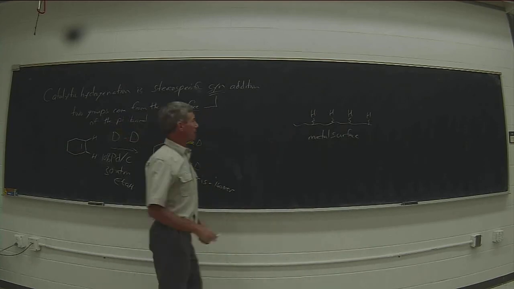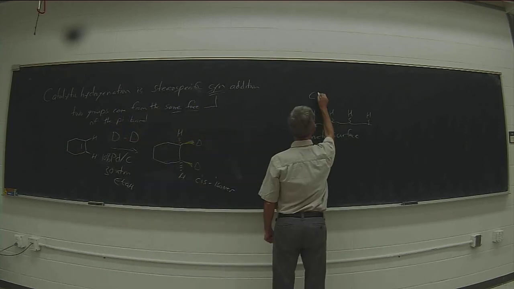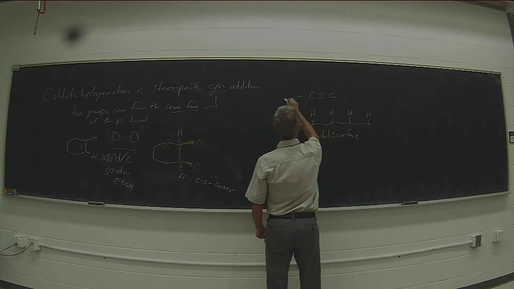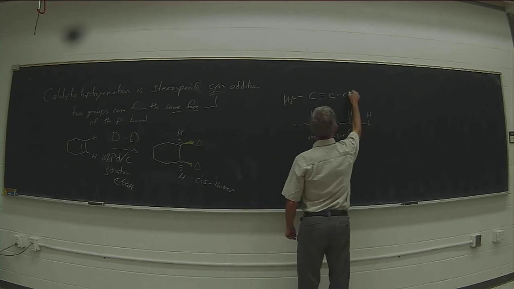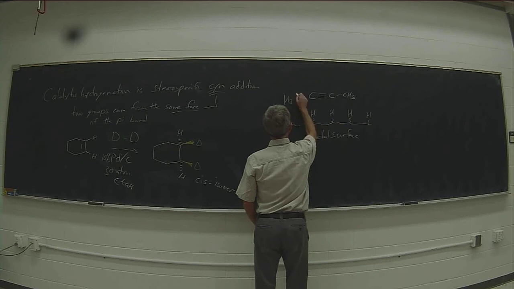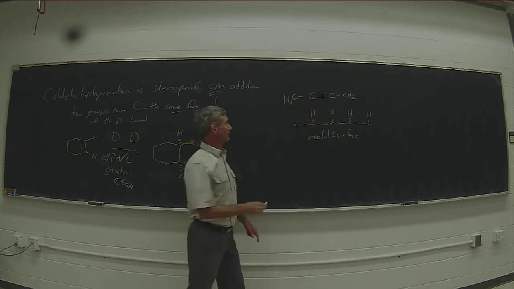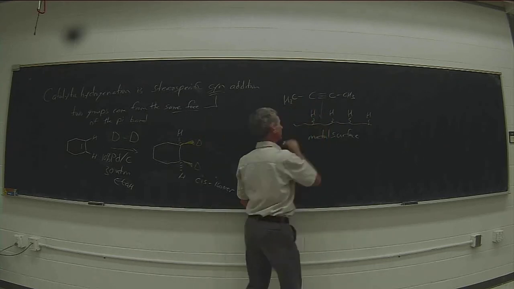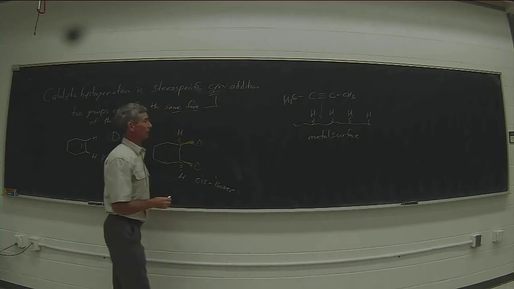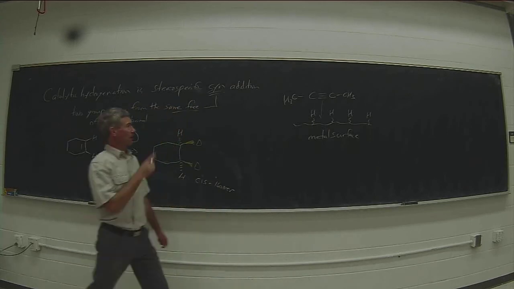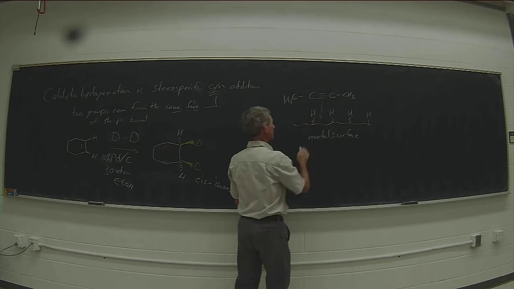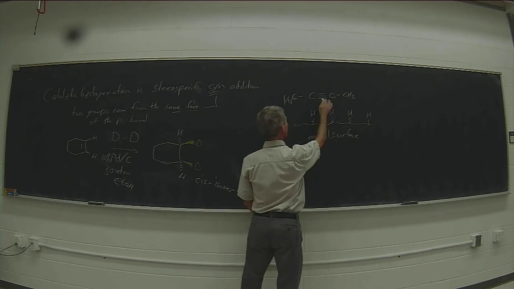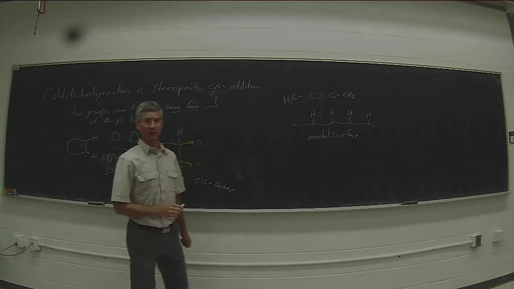If that's true, and you are an alkene or an alkyne, your pi bond is going to donate into one of the empty d orbitals of the metal surface, and you are going to be approaching so that the two hydrogens can't help but attach to the same side of the molecule.